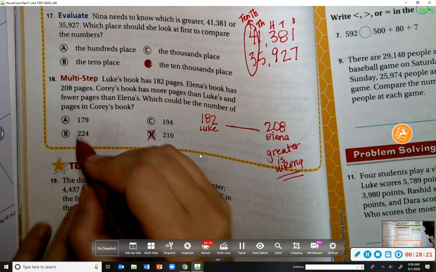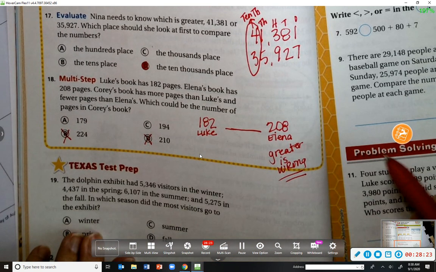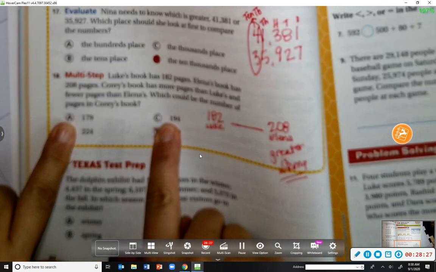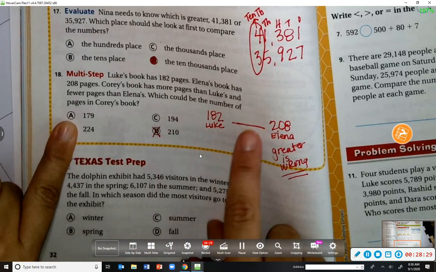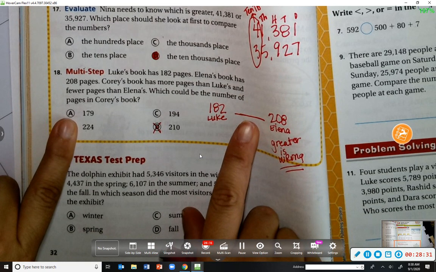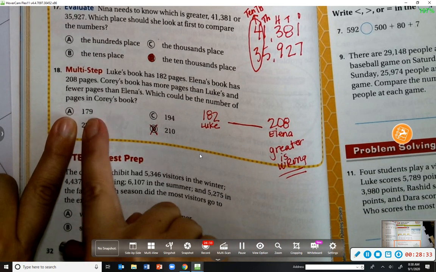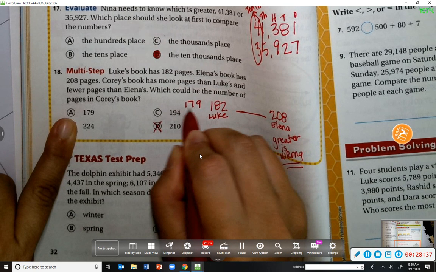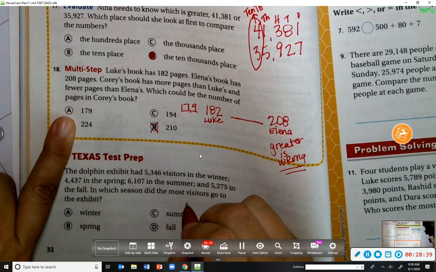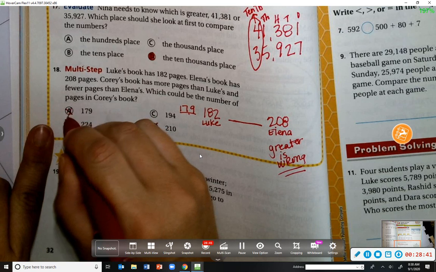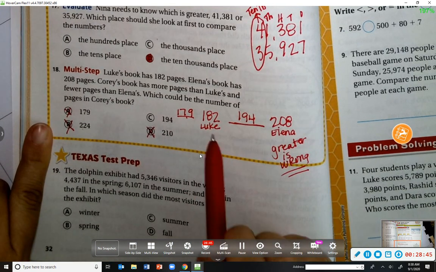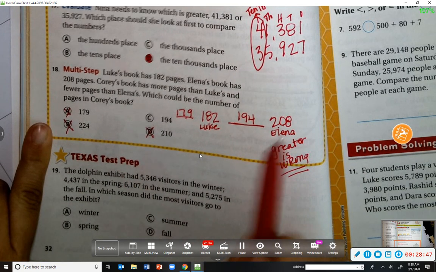And then same thing with B. 224 is too big also. Okay, so now we have A and C. Which one could go right in the middle? Well, A is too low. It's 179, so that means it would actually be over here to the left because it is the least. So 194 is the only one that is greater than Luke, but less than Elena.